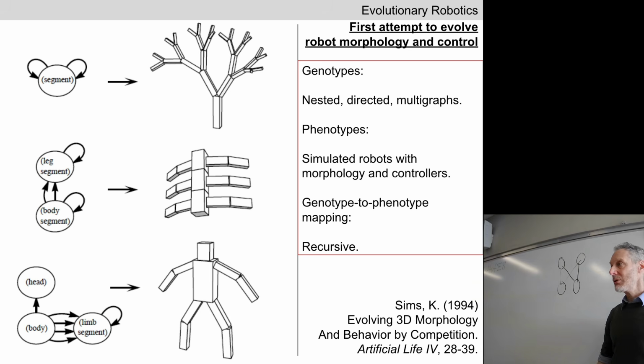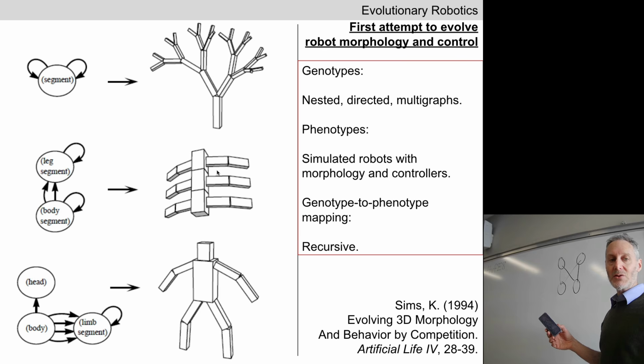A neural network, which is sitting inside your virtual robots, is another type of graph where the nodes represent neurons and the edges represent synapses. This is not a neural network. This is a graph that's encoding instructions for how to build a robot. This data structure or genotype or blueprint describes how to build this thing.